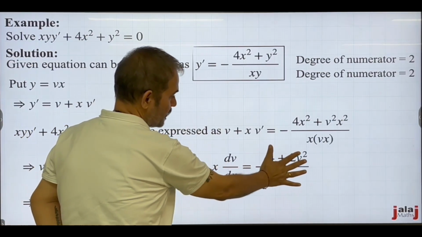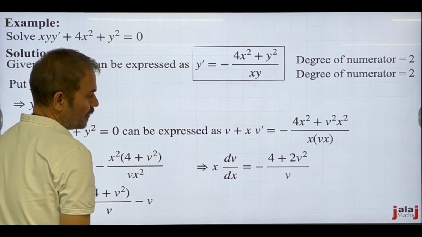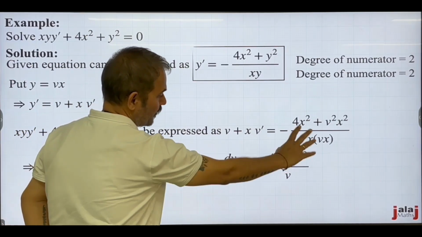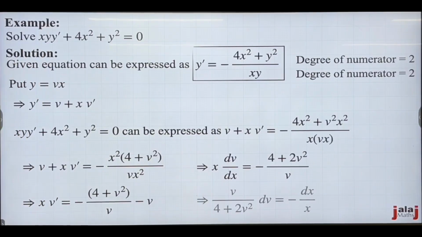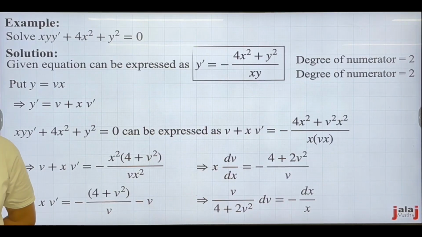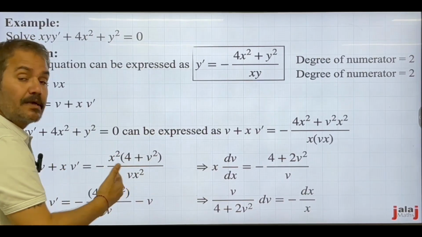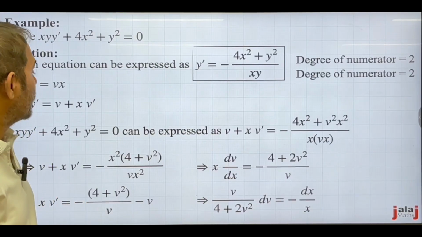Now you can see your right hand side has only v and the left hand side has x dv upon dx. So if you take dx and x to the right side, this equation will look like v over 4 plus 2v squared dv is equal to negative dx over x. It is a variable separable equation. Integrate and get your answer.